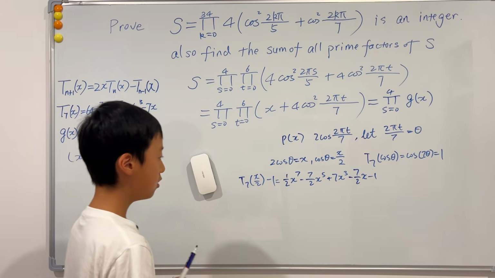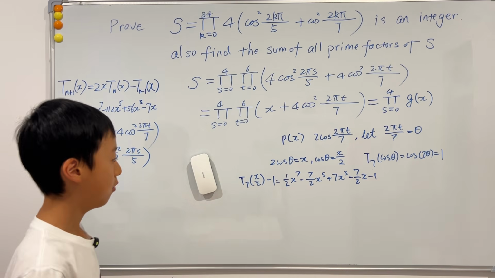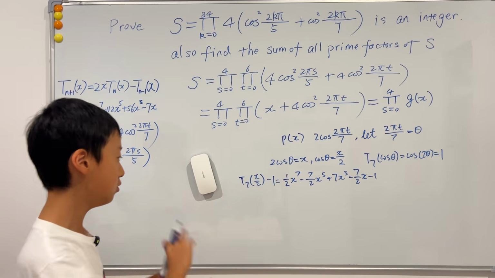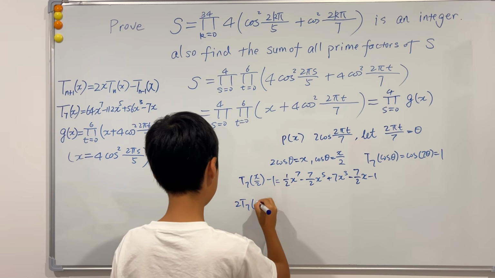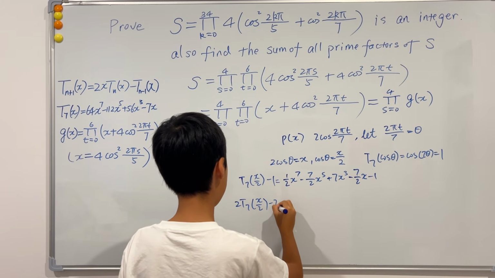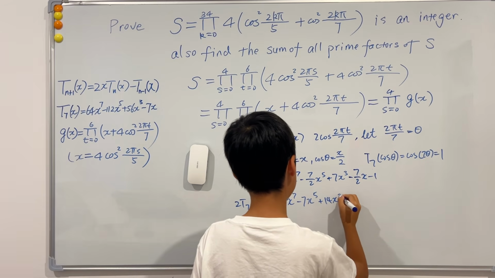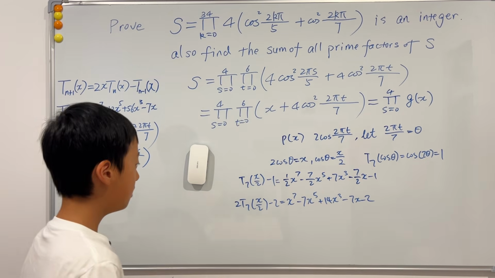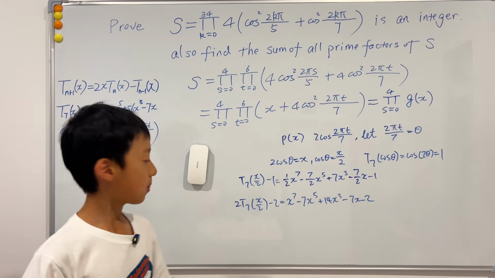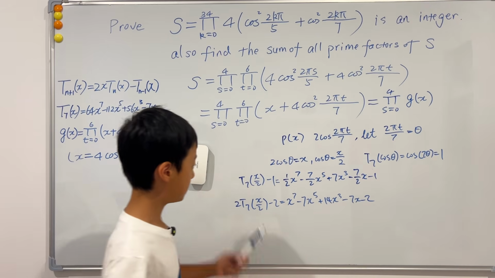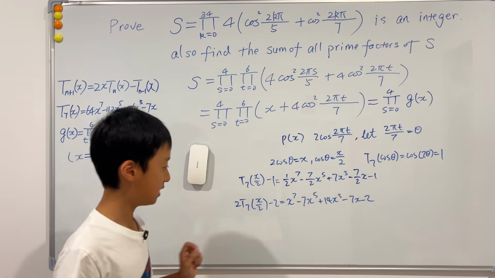Okay, so we see that this is quite ugly, right? Look at how many fractions we have. What we can do is multiply by 2 on both sides. So it becomes 2 times T7 of x over 2 minus 2, which is equal to x to the 7 minus 7x to the 5 plus 14x cubed minus 7x minus 2. Now, the polynomial that we have here has roots of 2 cosine of 2 pi t over 7.